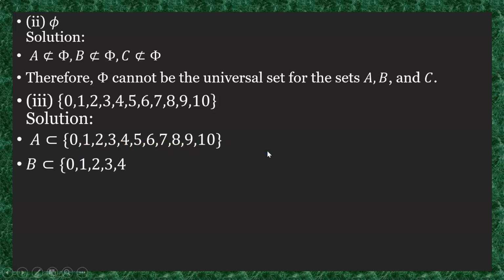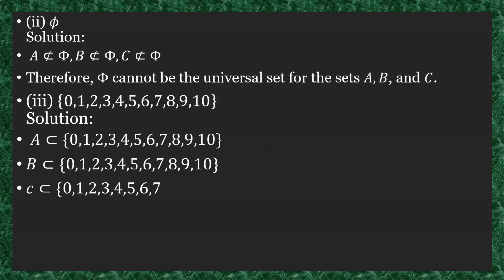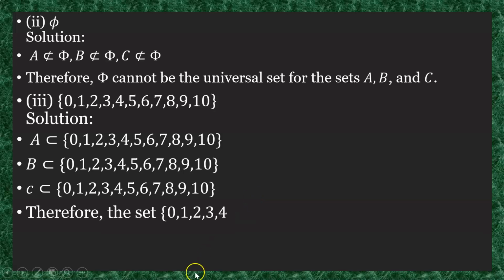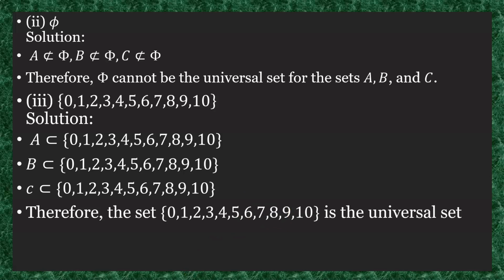B is a subset of it, and C is also a subset of 0, 1, 2, 3, 4, 5, 6, 7, 8, 9, 10. And thus, the given set is the universal set for the sets A, B and C.